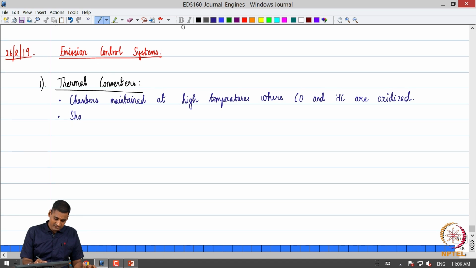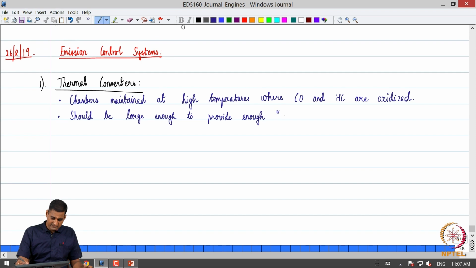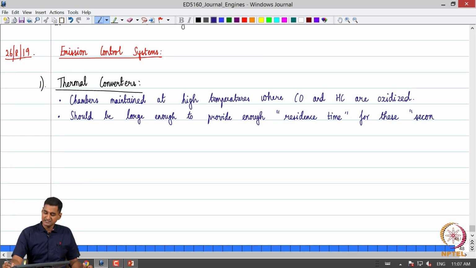So, these chambers should be large enough to provide enough residence times for the so called secondary oxidation reactions to take place.